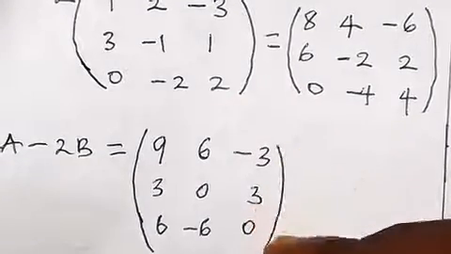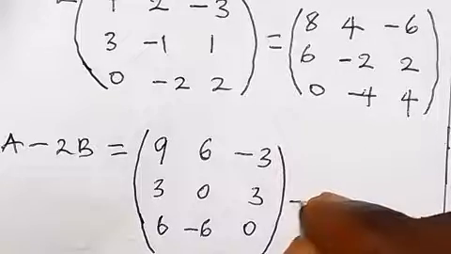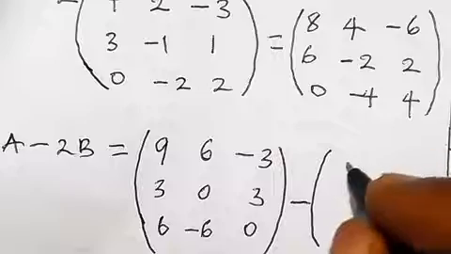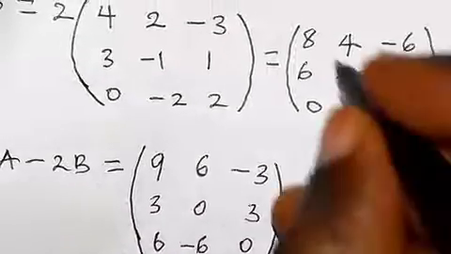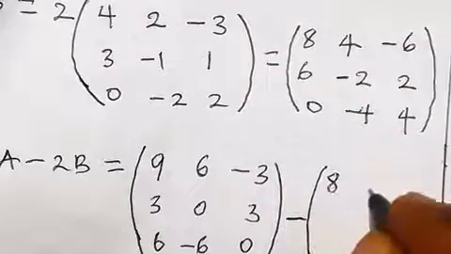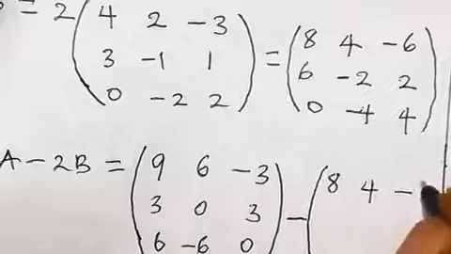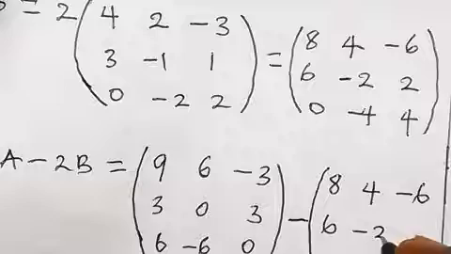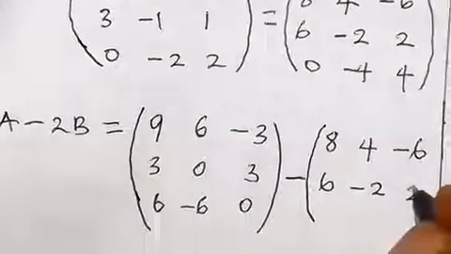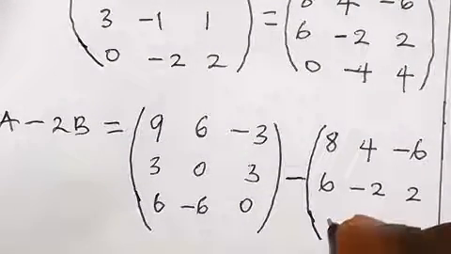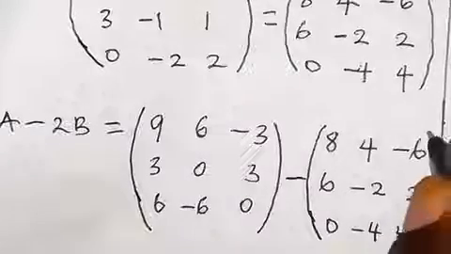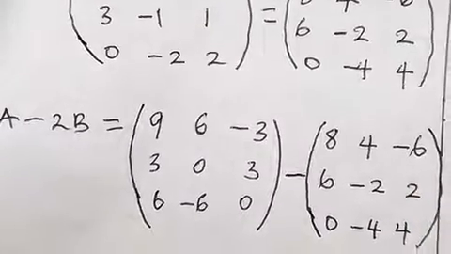So here now, we subtract 2B from that. 2B is also 8, 4, minus 6, then 6, minus 2, 2, then we have 0, minus 4, 4. Now, we subtract corresponding elements.